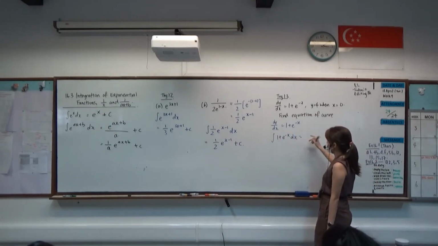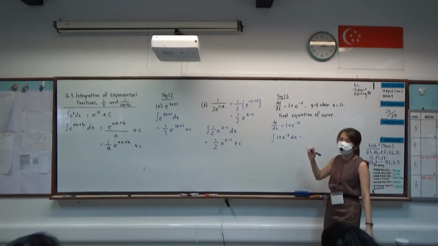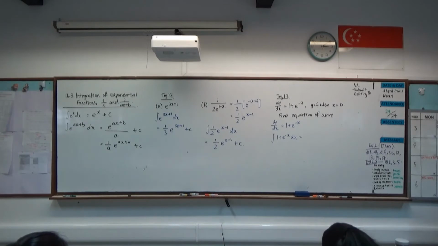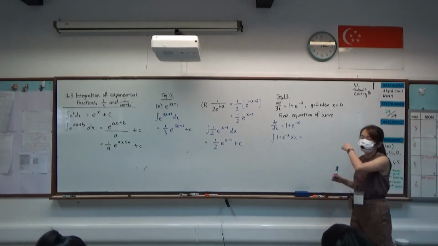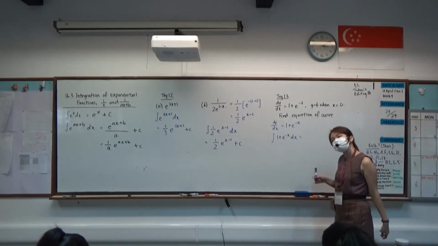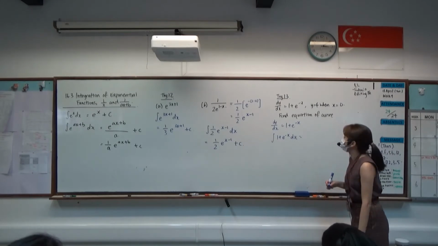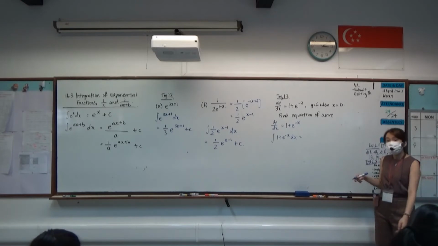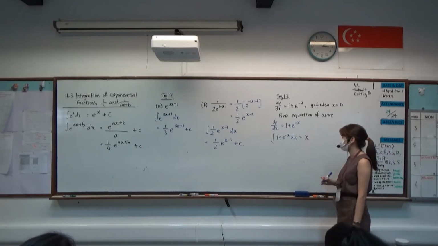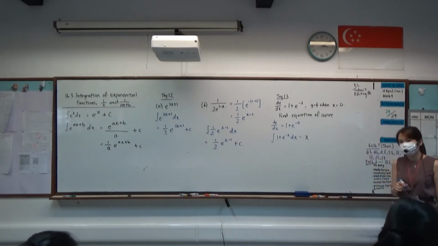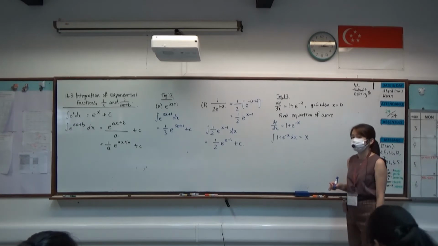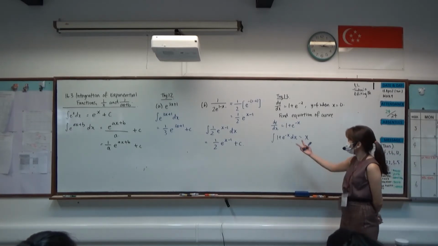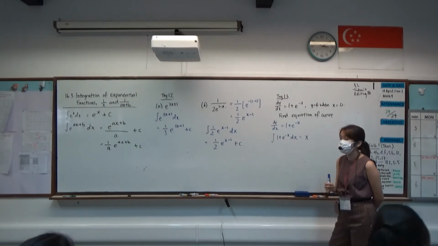Continuing with this, what will we be getting? Maybe Sing, what do you think? How do we integrate 1? x, okay, good start. Then how do we integrate e to the power of negative x?